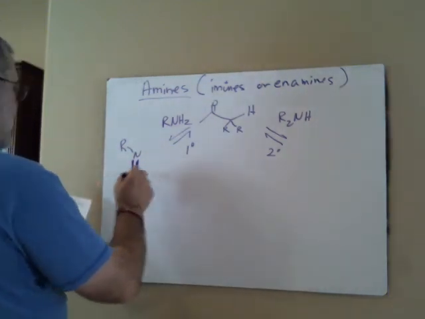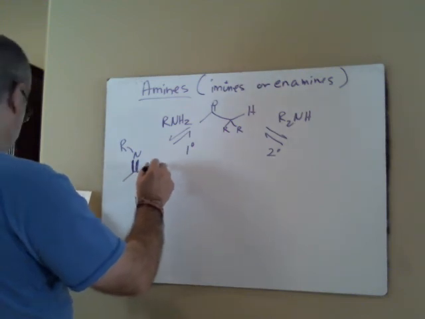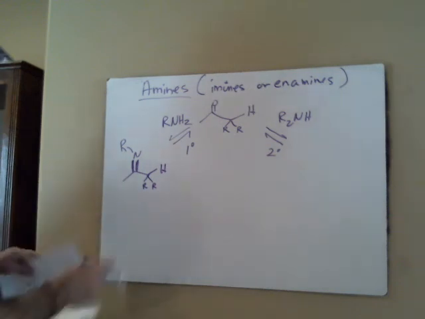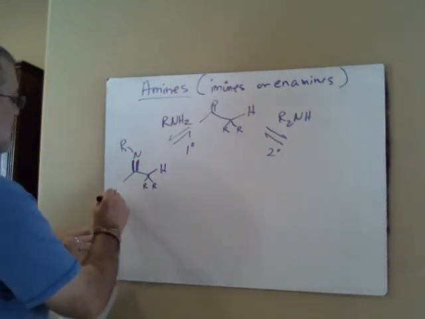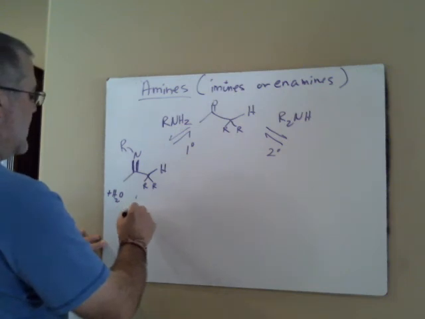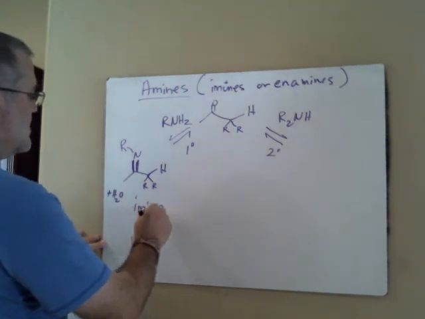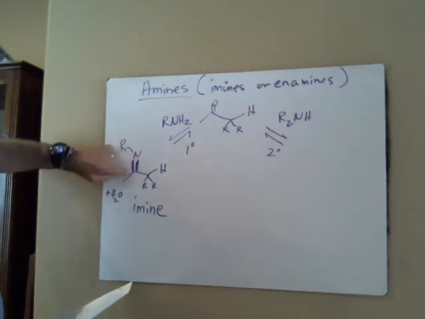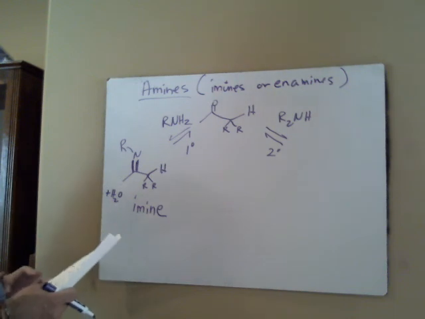And so you would end up with this as your product, plus water, because remember, water was expelled. And so this is an imine. Imine functionality is where you have a carbon doubly bound to a nitrogen. It's called an imine.